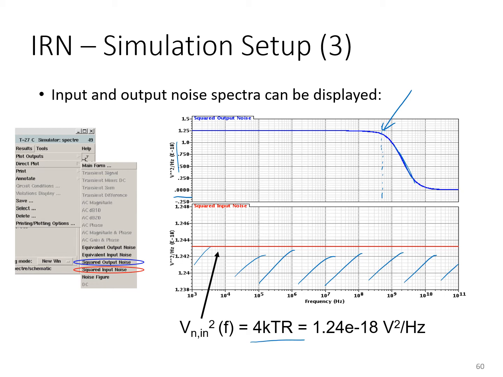So it's not as though an input signal is being corrupted by an infinite amount of noise here. There's only 64 microvolts RMS of noise being introduced as a signal goes through this RC filter. So that's why I say some care is needed in interpreting the input referred noise.